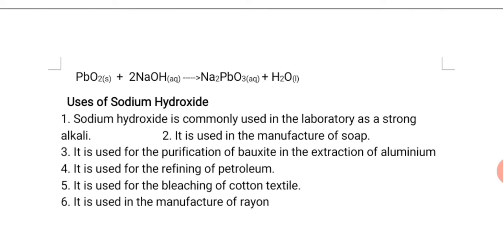Uses of sodium hydroxide. 1. Sodium hydroxide is commonly used in the laboratory as a strong alkali.